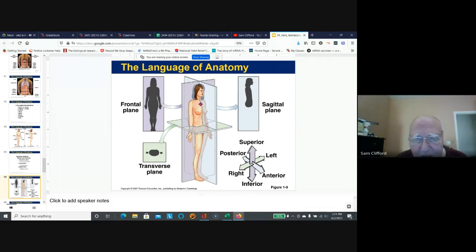If he cuts you down the frontal plane, your posterior and anterior will be separated. If he cuts the transverse section, you'll have the superior versus the inferior. So these are called planes, and they indicate how the body can be sectioned based upon the location of the plane.